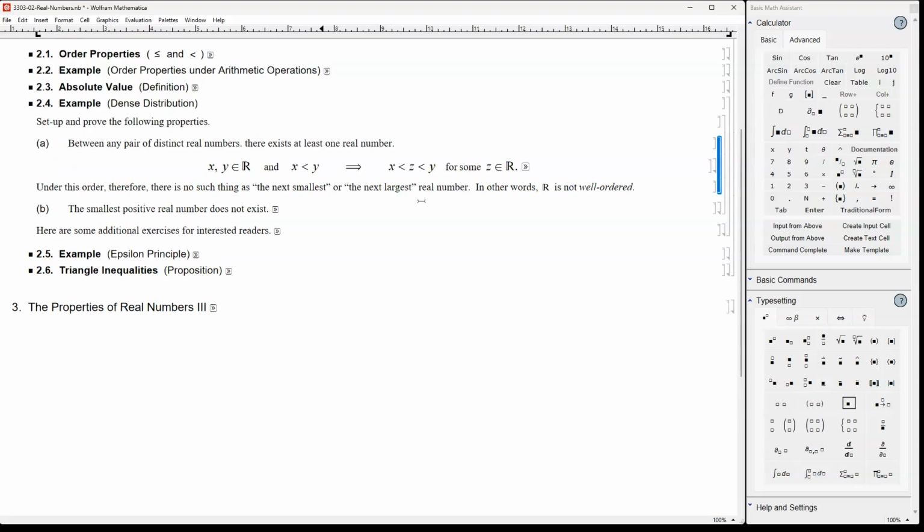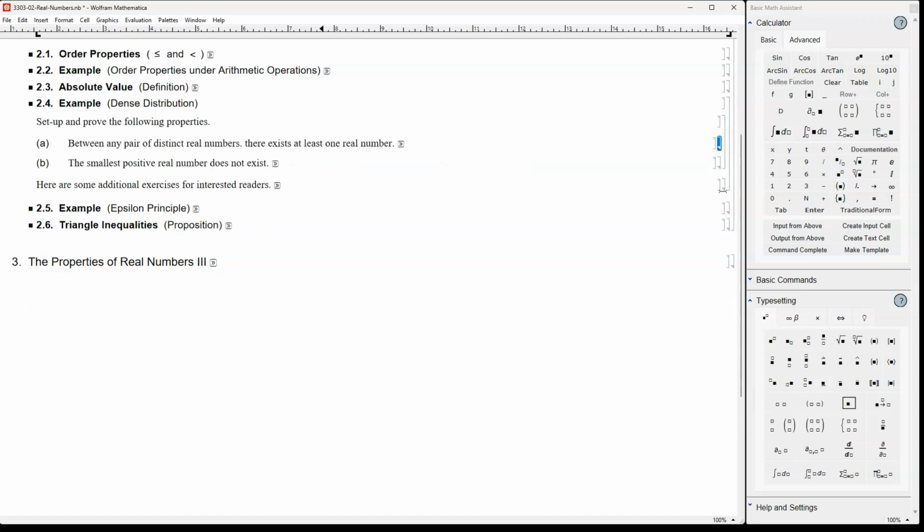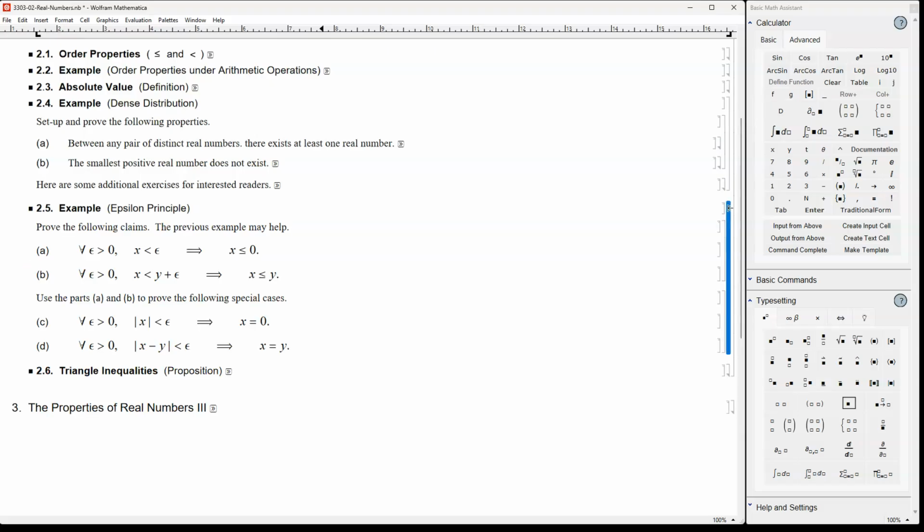Alright, between any pair of real numbers, there exists at least one real number in between. From there, we can deduce that the smallest positive real number does not exist. Now, how do we apply this? The most important application I can think of are these, the epsilon principles. For any positive real number epsilon, if x is less than epsilon, then x is less than or equal to 0. So what do you mean by this? x is a real number that is less than every positive real number.